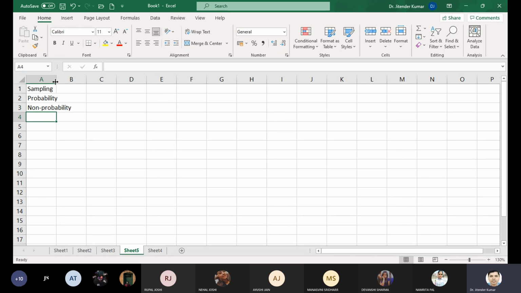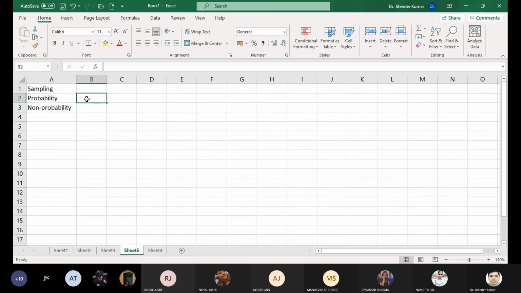Probability sampling is when all the possible samples for your study have got equal chance of getting selected. Suppose I want to know the average height of people living in Noida. Suppose this is the task I gave you, that you have to tell me the average height of people living in Noida.